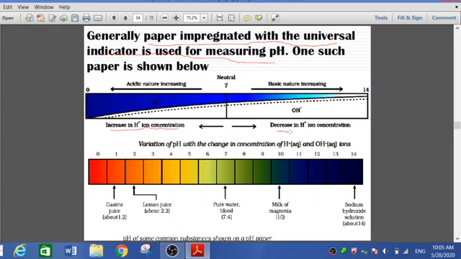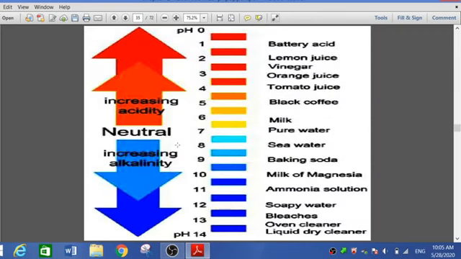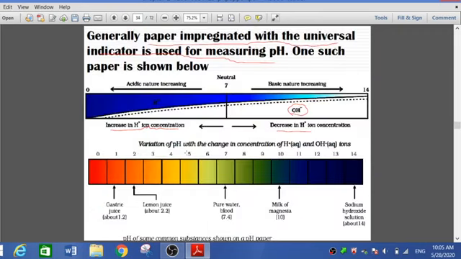Basic nature means decreasing H plus ion concentration and increasing OH minus concentration. OH minus concentration increasing, H plus decreasing, we can say base. Base is increasing in nature and neutral is 7. Variation of pH with range of concentration of H plus and OH minus ions.